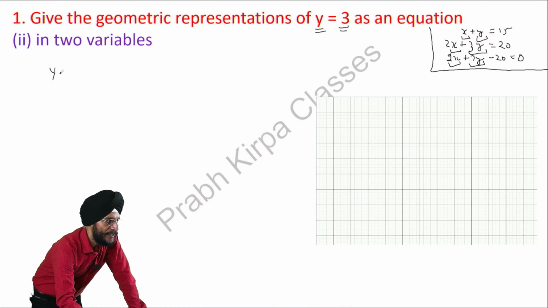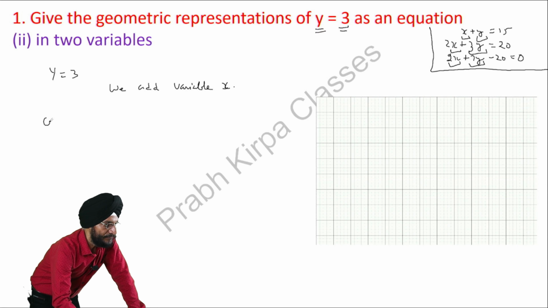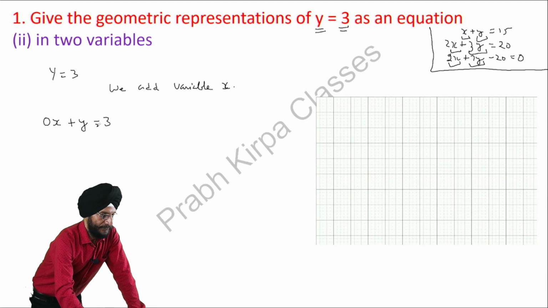What is given? It is y is equal to 3. So we add variable x. How will we add? We will write 0x plus y is equal to 3.